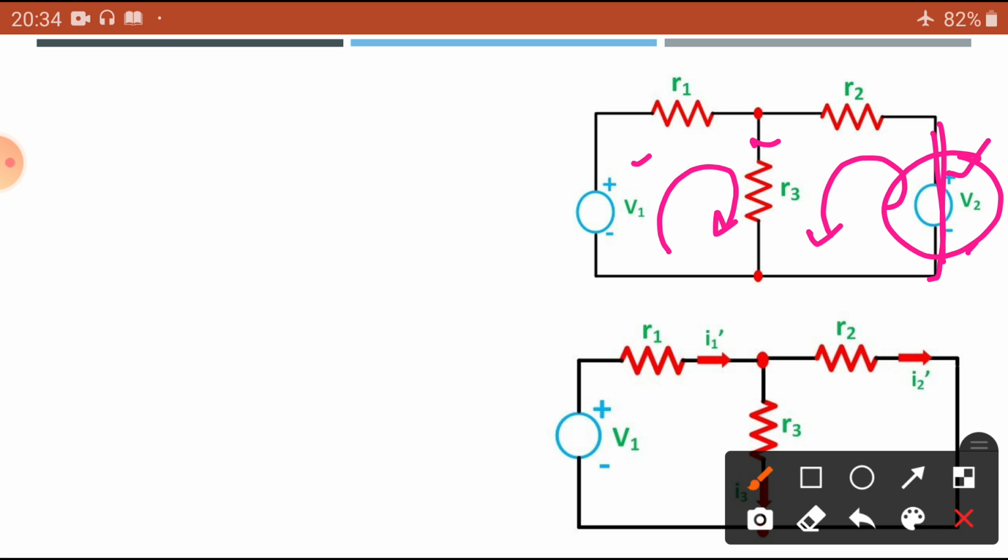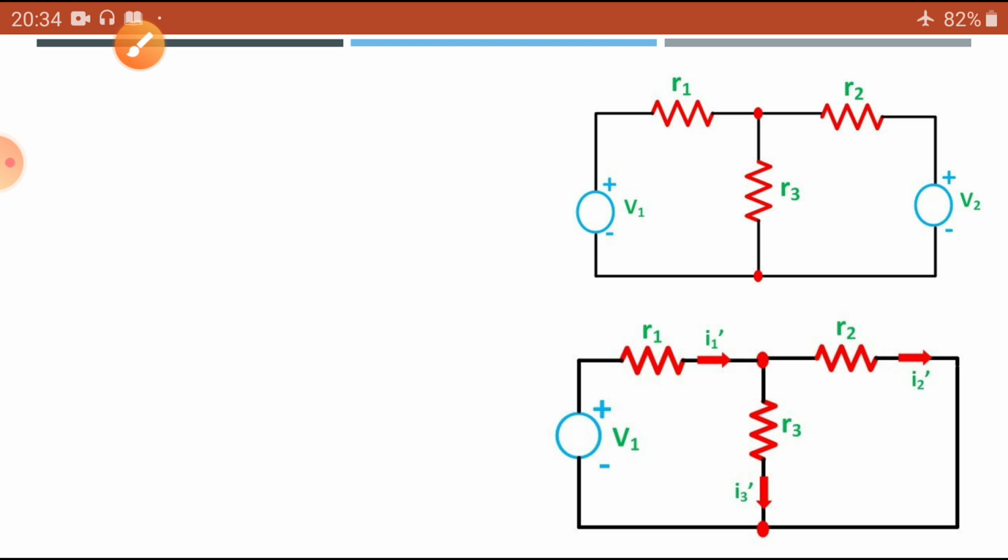Now, what will happen? You can see here, it simply appears as R2 and R3 connected in parallel. Just observe it. And at the same time we can represent it as currents. The current flowing through R1 is equal to I1 dash.